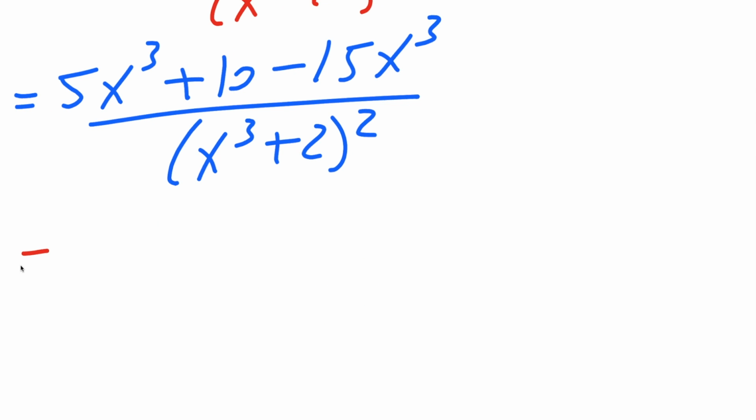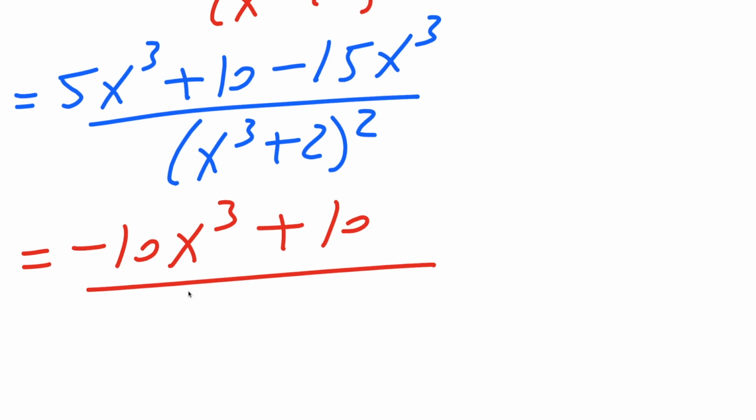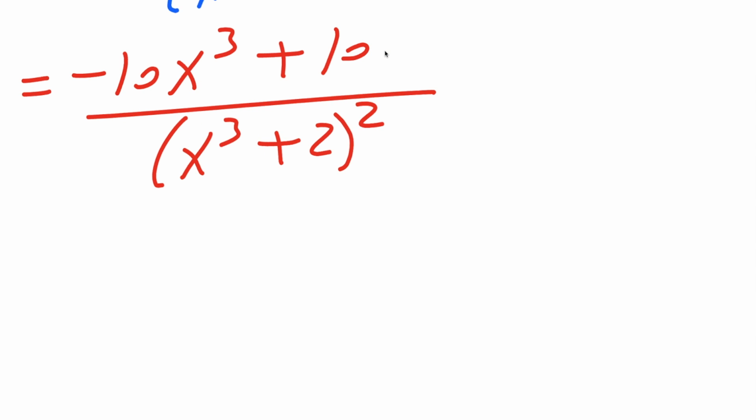And now we can group like terms, so 5x cubed minus 15x cubed, we would get negative 10x cubed plus 10, divided by parentheses x cubed plus 2, close parentheses, squared. And one minor thing we could do is take out a negative 10 because 10 is on both of these pieces and the leading coefficient is negative.